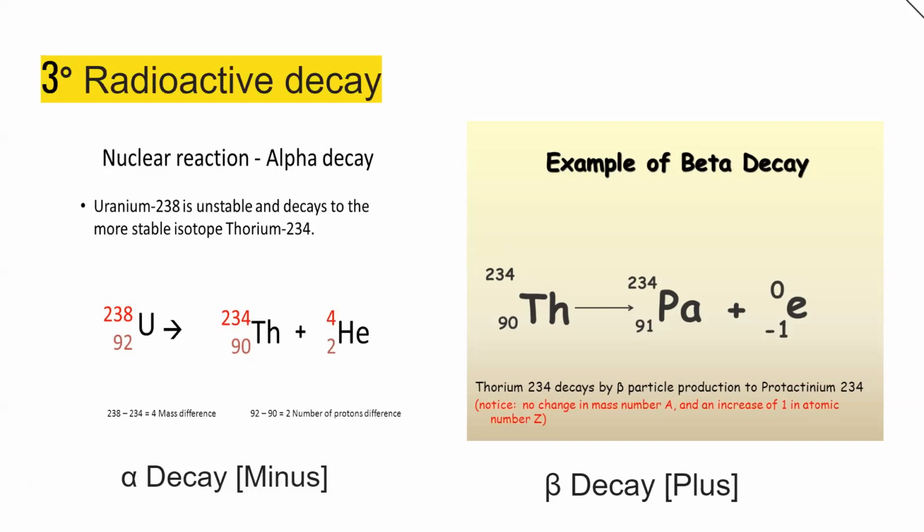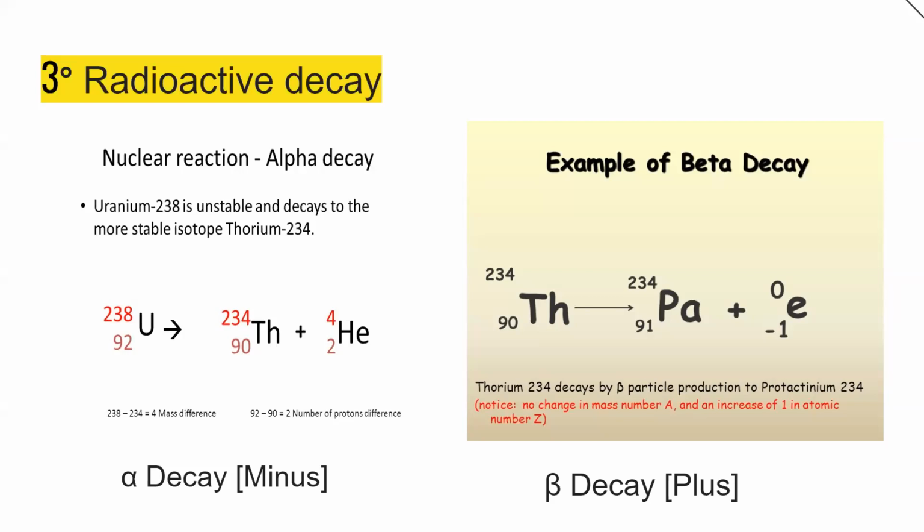So in alpha decay, U-238 loses four mass units and two electric charges, and changes to Th plus He. So there is a mass difference of four and a difference of two in the number of protons.